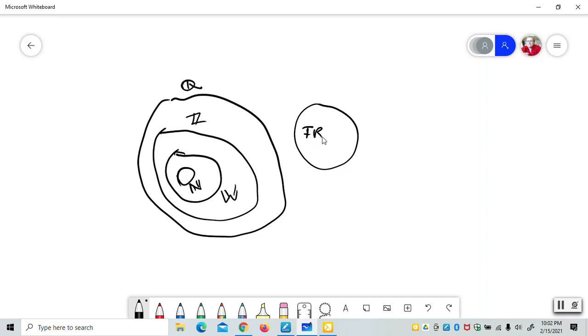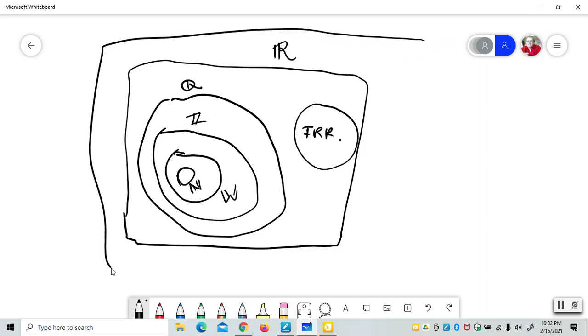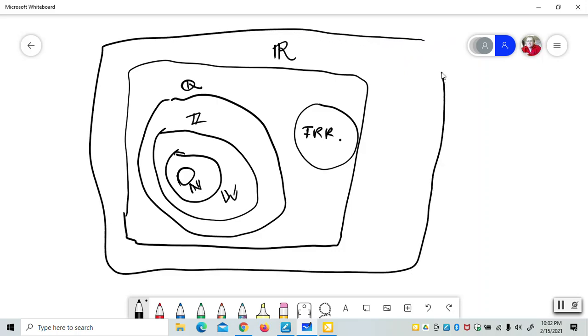They're the cool kids. They don't hang out with everybody else. And then all of these guys together are real numbers. Well, now we have the biggest category of all, which is the complex. You have the imaginaries over here. Then when you add or subtract them to somebody over here, you have complex. So complex numbers are the biggest set of all.